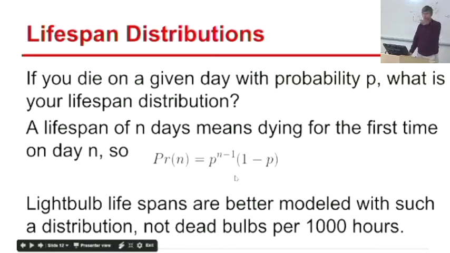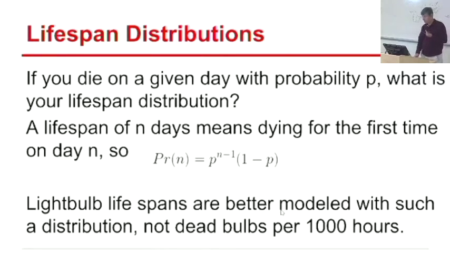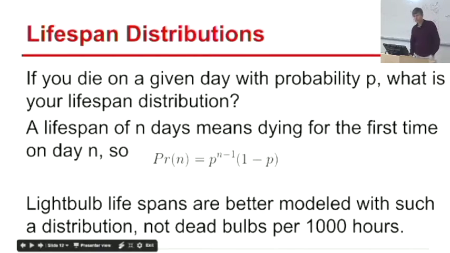Any questions? What I'm trying to tell you here is that sometimes there are distributions that are better thought of as the gap between events rather than the number of events in an interval. So here we are assuming that the probability that a person will die on a particular day is independent and identically distributed over the entire span.